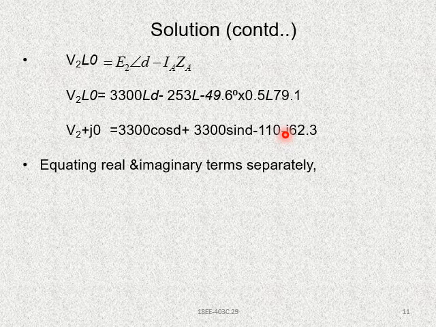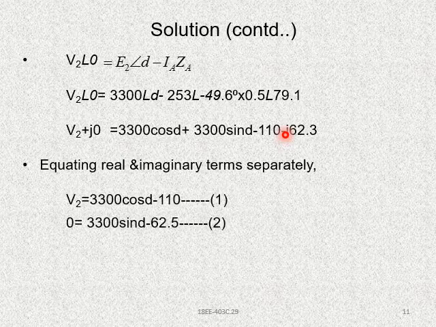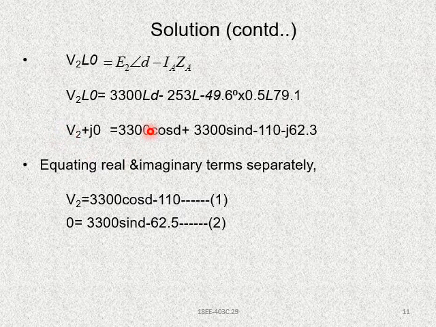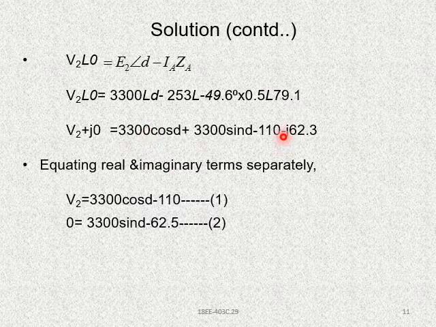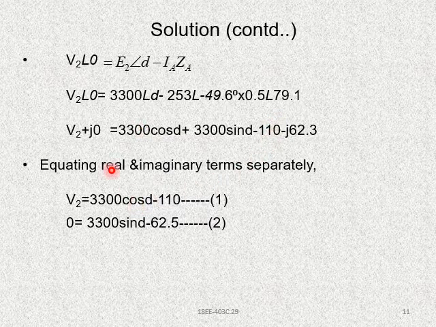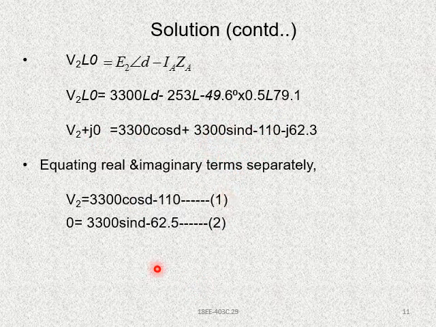And equating real and imaginary terms separately, we'll be getting V2 is equal to, the cos terms are the real terms, the sin terms with j are the imaginary terms.